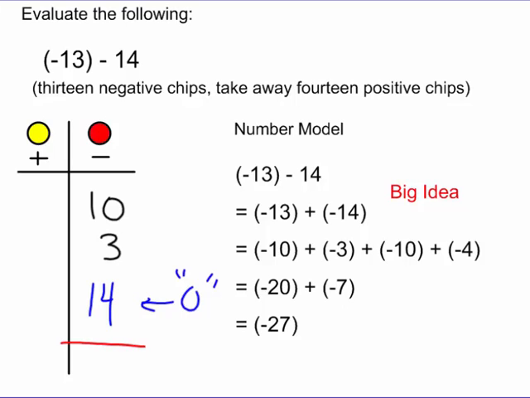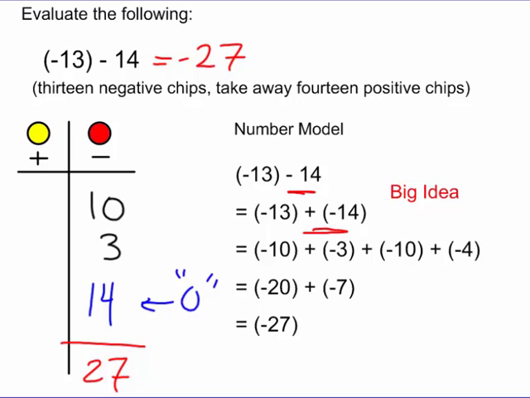I could use my column model here, or my number model, which I'm going to do in a second, and what I should see is that I have 27 negative chips. So the answer here would be negative 27. If I use my number model, I'm going to use one of my big ideas right away. Subtracting a positive is the same as adding a negative, and that's going to allow me to break my numbers down a little bit further.